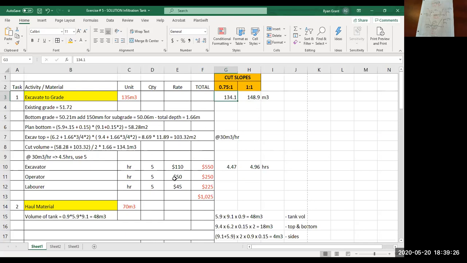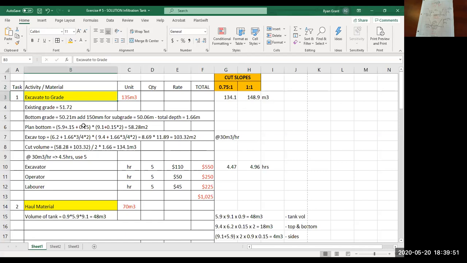So your estimate based on a 1-to-1 slope would be more dollars compared to an estimate based on 3/4 to 1. As we go through here, if the answer is different based on 3/4 to 1 or 1-to-1, I'll mention the differences.